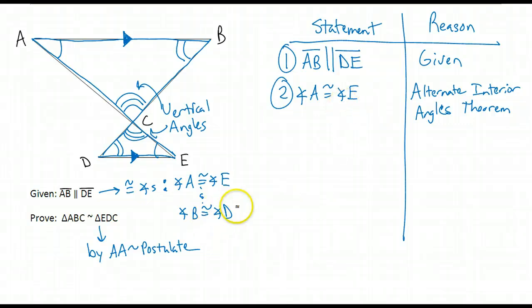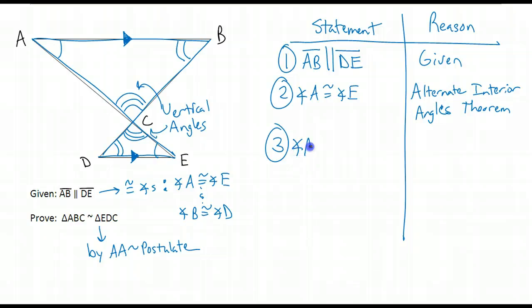Now at this point, I can either go to here or to the vertical angles. I'm going to go to the vertical angles. Now when I name this angle, I can't just call this angle angle C. I could call this angle angle A because there's only one angle associated with this vertex. But if I look at C, there are actually 1, 2, 3, 4 angles. So I need to be specific when I name this angle.